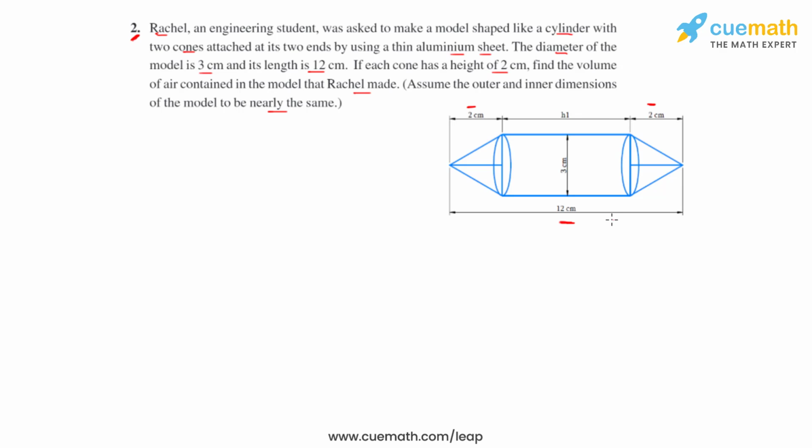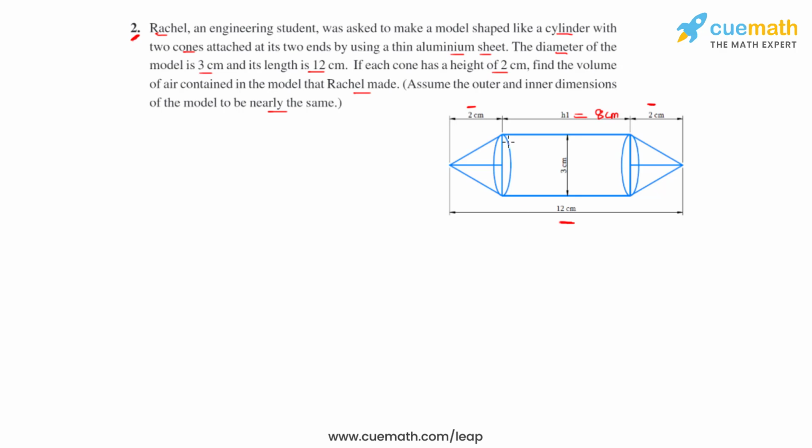So to get the height of the cylinder, which is marked as H1, we will subtract 2 plus 2 from 12, that is, subtract 4 from 12, and that gives us H1, the height of the cylinder, equal to 8 centimeters.